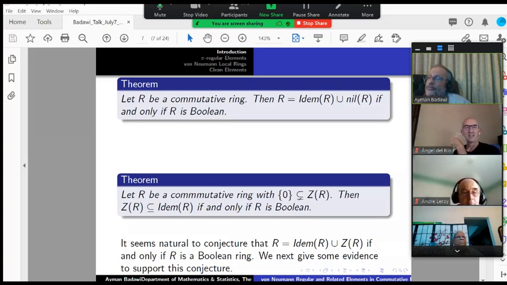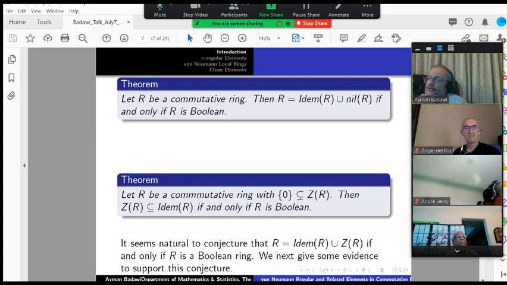Okay, this is, to my knowledge, still a conjecture. Maybe it seems trivial, or maybe some of you know how to prove it, but for us, it's a conjecture. What's the conjecture? That if the ring R can be written as the set of all idempotents union the set of zero divisors, then R has to be a Boolean ring.